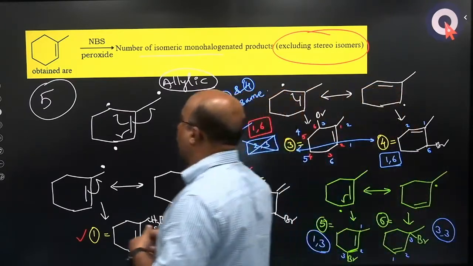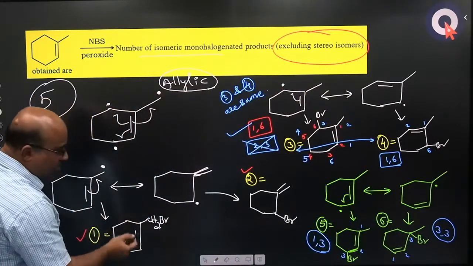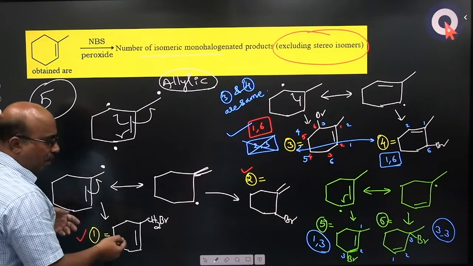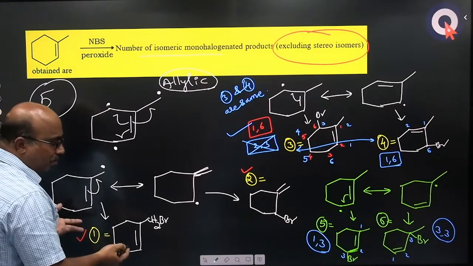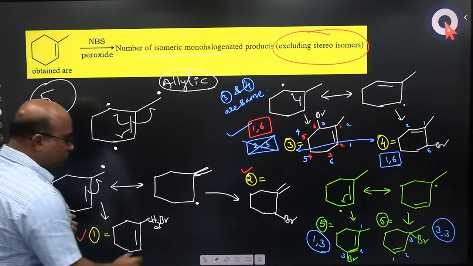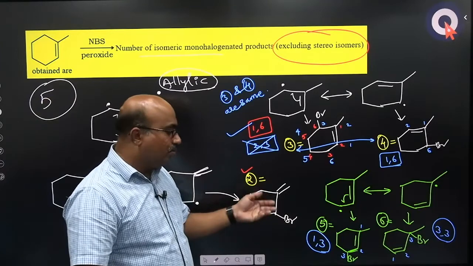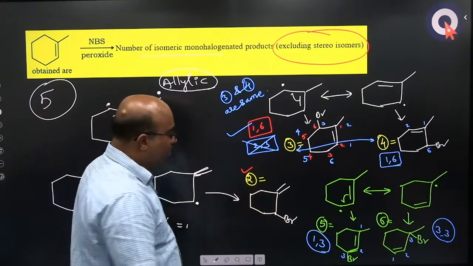So do we have any optical isomers or geometrical isomers here? Do we have geometrical isomerism here? No. Do we have any optical isomer? Means is there any chiral carbon? No. So this is only a single molecule. So this is only one. Do we have any geometrical isomerism here or optical isomerism here?